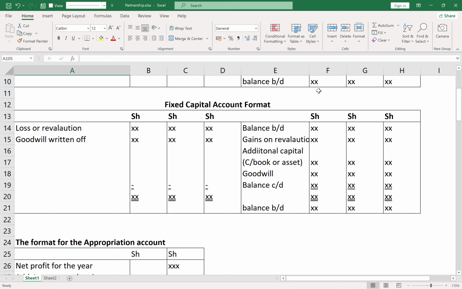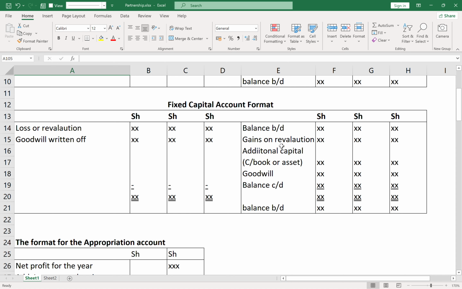You shall also have the gains on variations, and the additional capitals, from the cash book or the assets. Then you shall also have the goodwill balance carried down. So with the difference, you shall also have the balance brought down.